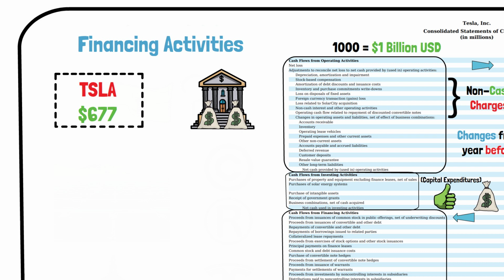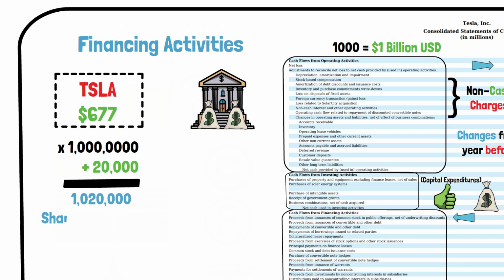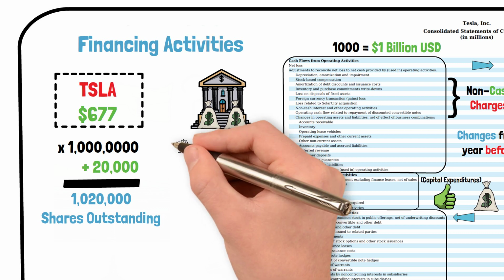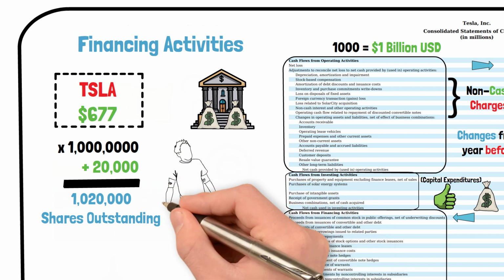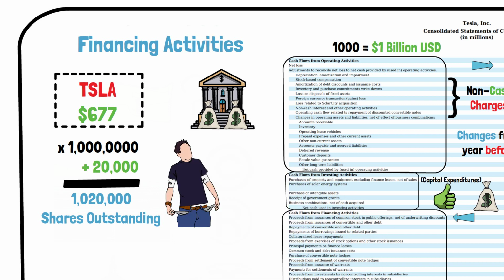For instance, if Tesla had 1 million shares outstanding and the company chose to sell 20,000 more shares, then the shares outstanding would become 1,020,000. This isn't really a good thing for the stockholders, since it makes their ownership in the business worth less than before. This effect is called stock dilution.